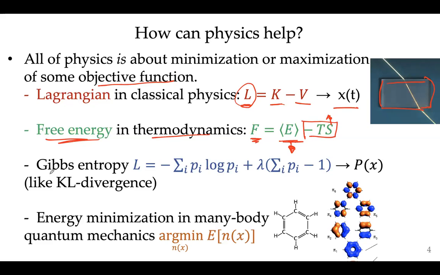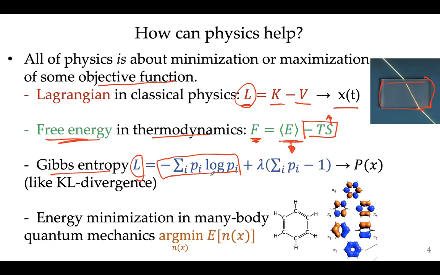Now, what about Gibbs entropy? Again, you can minimize Gibbs entropy. Gibbs entropy is this first term. Again, we have some objective function here. You can try to minimize it, and this could be for a distribution of a gas in a room. These are probabilities of the particles in certain states.